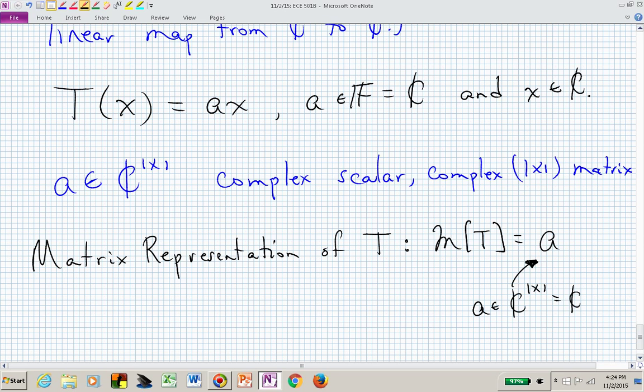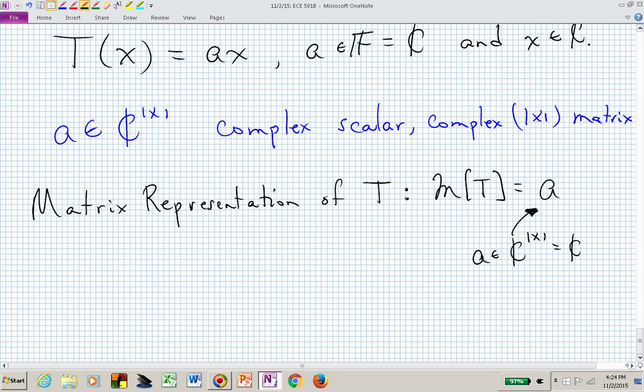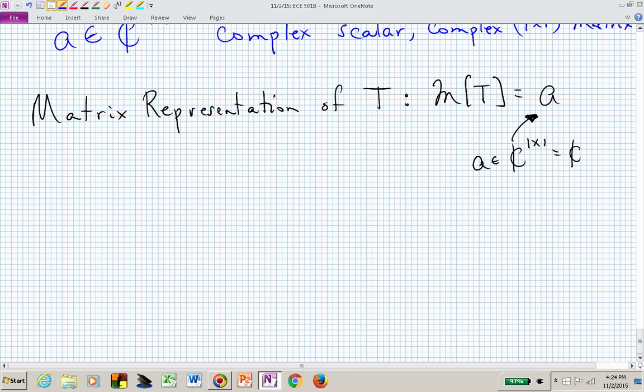So now, if we have this linear map, or the matrix representation of this linear map, let's see what happens when we apply the definition of an adjoint and try to find the matrix representation of the adjoint operator of this.